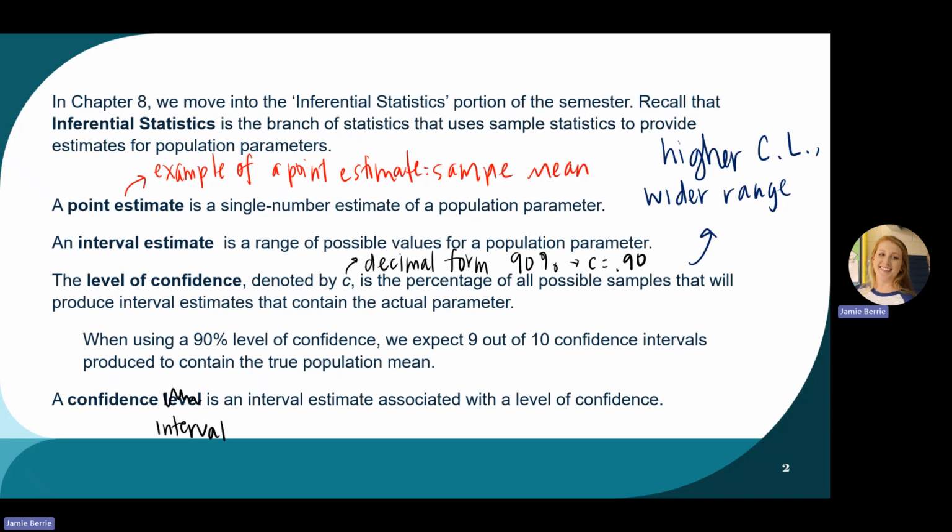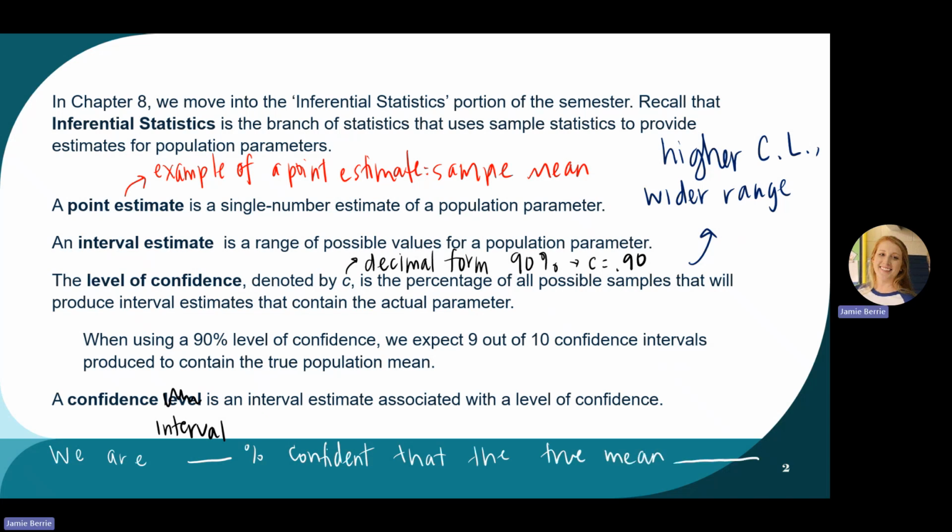Okay, so when we are interpreting confidence intervals, there's a general template that we can use. We usually say something like, we are blank percent confident. You would just fill in the blank with whatever your confidence level was. We are blank percent confident that the true mean blank.